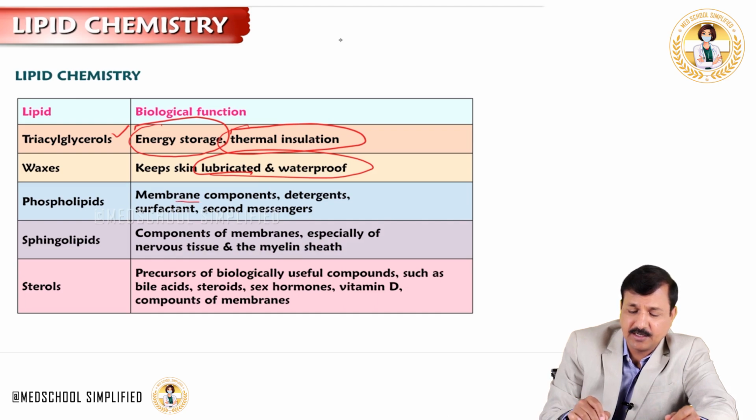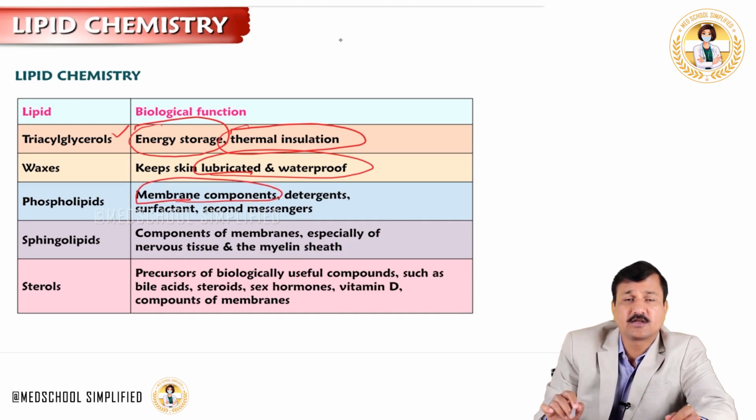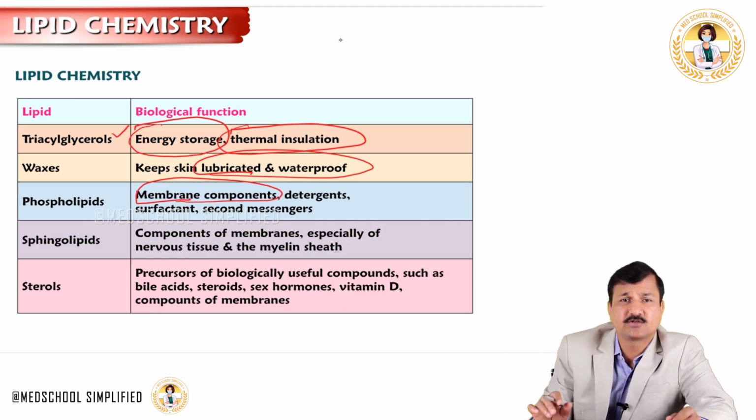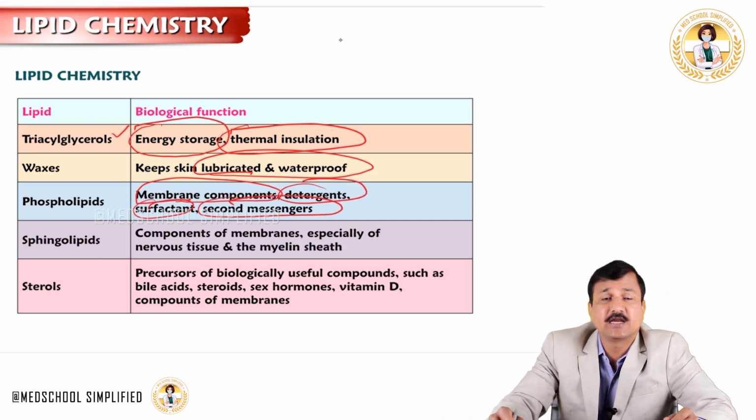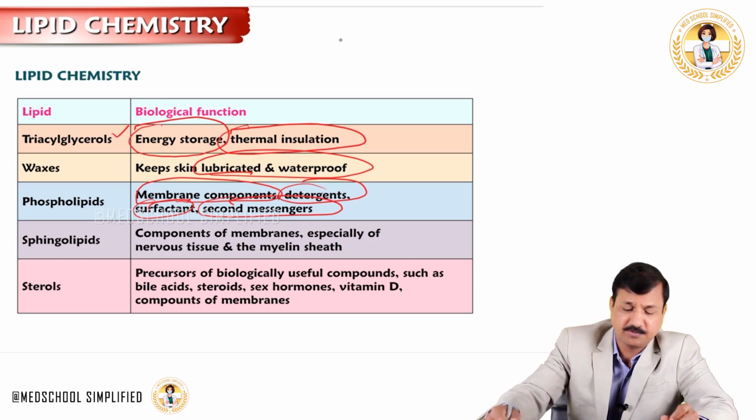Phospholipids are the membrane components. Phospholipids contain phosphate and glycerol which is attached to the fatty acid. They can act as detergents and surfactants, and they also provide second messengers. The important phospholipid that provides a second messenger is phosphatidylinositol 4,5-bisphosphate.